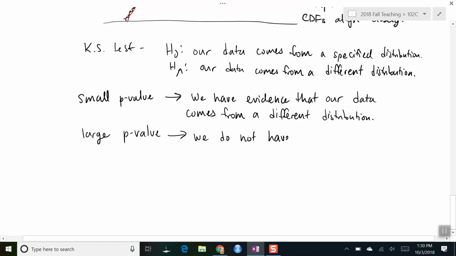And on the other hand, a large p-value would indicate what to us? Not that it is that distribution, but we have no reason to doubt that it comes from that distribution, right?